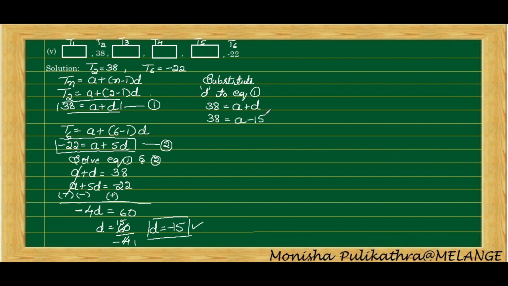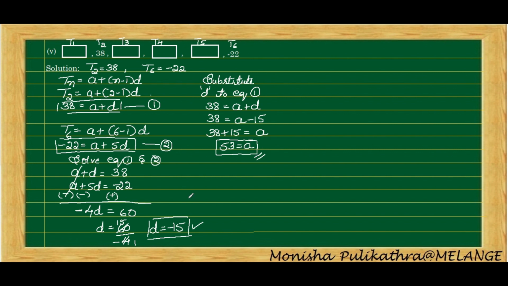Next we need to shift this minus 15 to left hand side. It will become 38 plus 15 is equal to A. So 38 plus 15 is 53 is equal to A. So the value for A is 53.